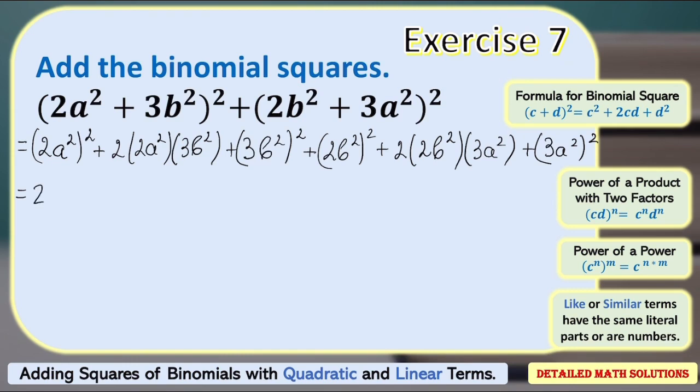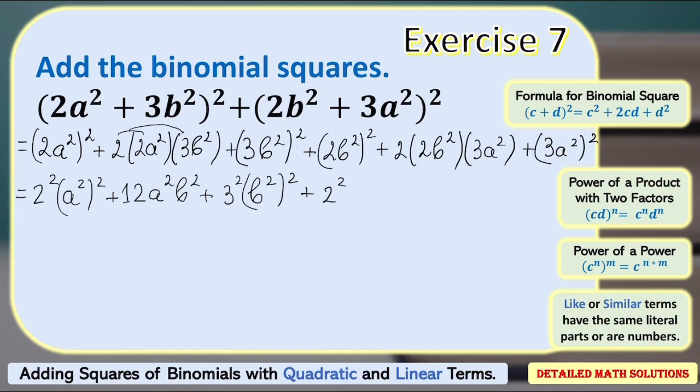This way, I get 2 squared a squared to the power of 2 plus, in the next term, I need to multiply the numerical parts, so I get 2 times 2 times 3 is 12 a squared b squared plus 3 squared b squared to the power of 2 plus 2 squared b squared to the power of 2 plus, again, for this term I need to multiply the numerical parts, so this equals 2 times 2 times 3, 12 b squared a squared plus 3 squared a squared in parentheses to the power of 2.